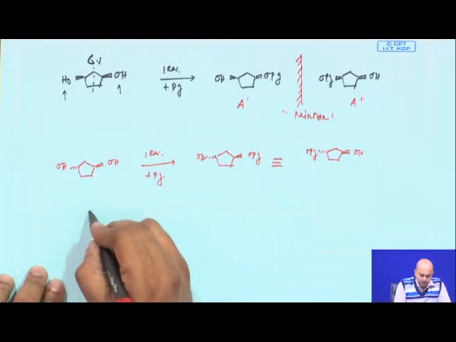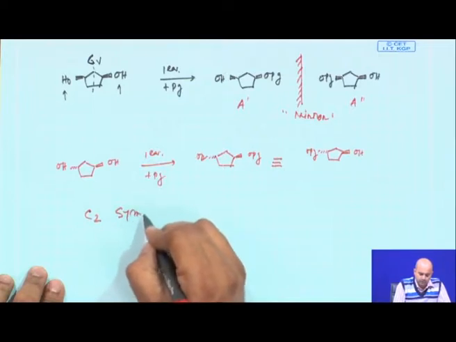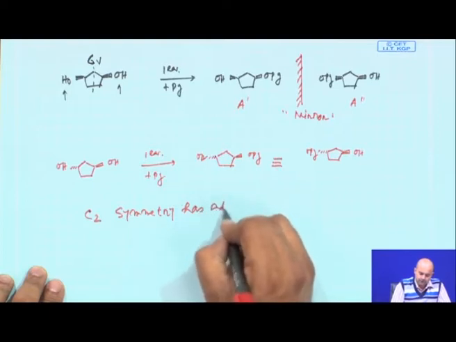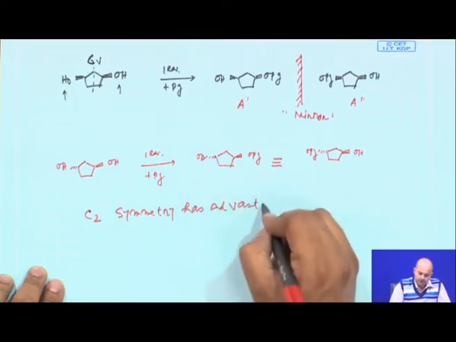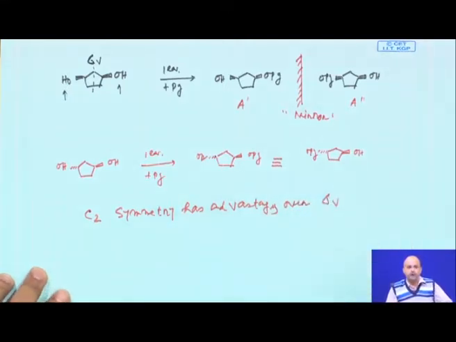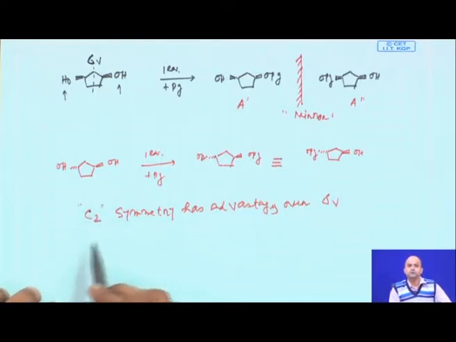That is why C2 symmetry has advantages over sigma v, and many times your starting material, intermediate or precursor has C2 symmetry. We will discuss this strategic point when we talk about stereochemical strategies a little bit later in our discussion.